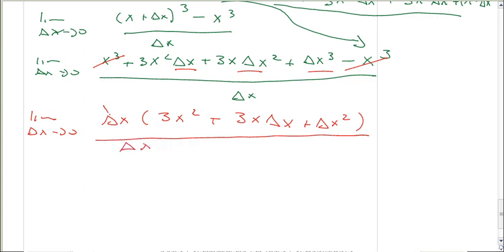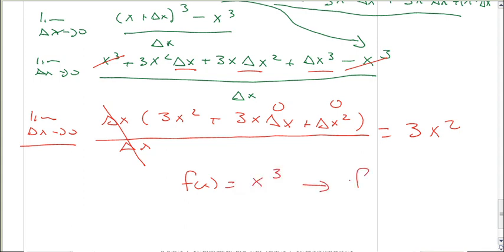Those cancel out, and if I evaluate my limit, I end up getting 3x squared. This goes to 0, this goes to 0. So if f of x is equal to x cubed, the first derivative would be f prime of x is equal to 3x squared.